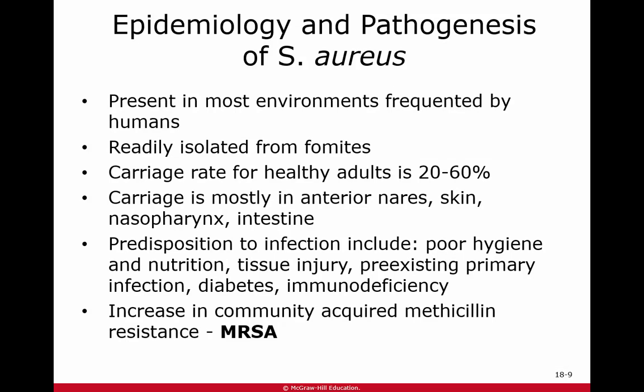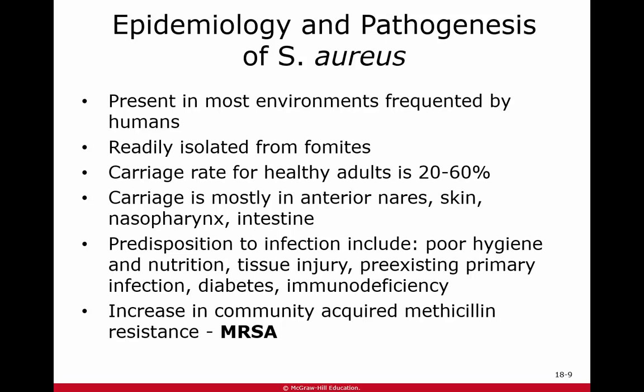As far as the epidemiology and the pathogenesis of it, it's present in most environments where humans are. And it's readily isolated from fomites. Healthy adults, 20 to 60% of them are carriers. And it's usually in the anterior nares, the skin, the nasopharynx, and the intestine. Infections are more likely if you have bad nutrition or poor hygiene, or you have some sort of injury or primary infection.